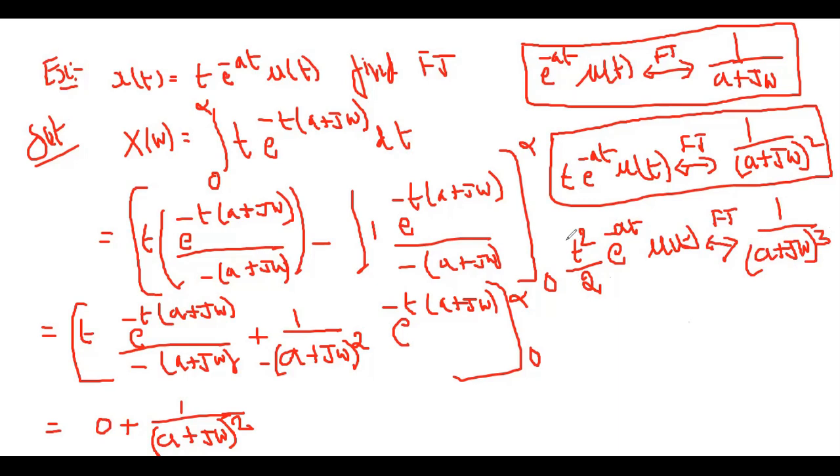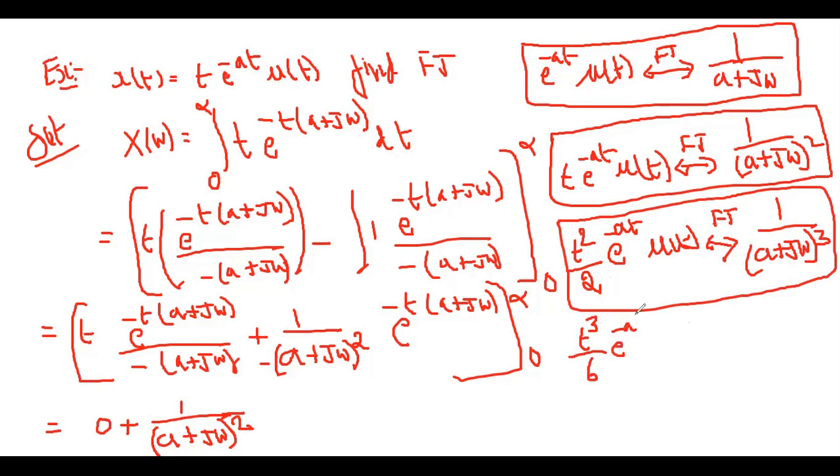And suppose the next one is t cube by 3 factorial, which is 6, times e power minus a t mu of t. Its Fourier transformation is, see, whenever t is power 1, the square is there. For t square, power 2, you get the cube, and t cube means 1 by (a plus j omega) whole power 4.